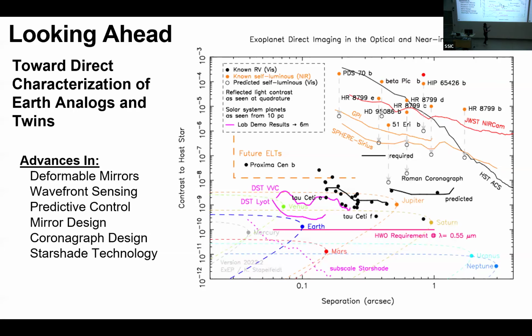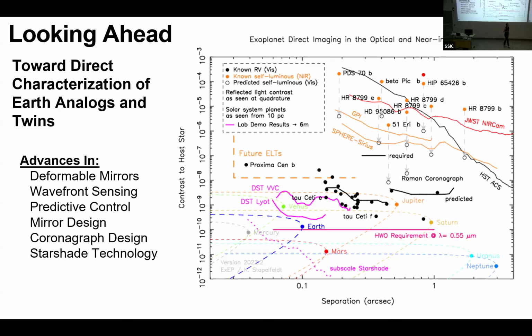I will just end here, thinking about where we're headed in the future, which is now a much busier version of the contrast curve plot that I showed you at the beginning of this talk. Right now, we're kind of living up here in terms of our capabilities to image high contrast systems. We're out at something like 10 to the minus 6, 10 to the minus 7, where our hot giant planets are. Thanks to advances in things like deformable mirrors, wavefront sensing and software, we're starting to push down to lab contrasts of 10 to the minus 8, 10 to the minus 9.